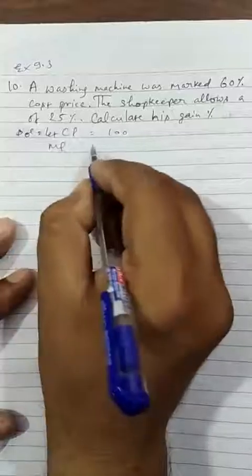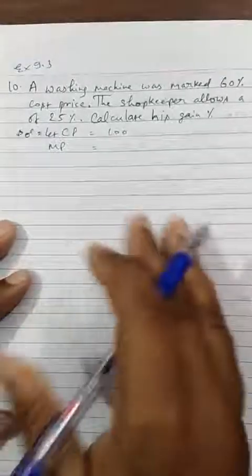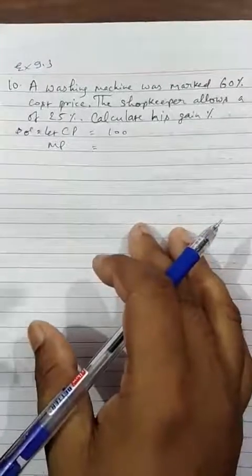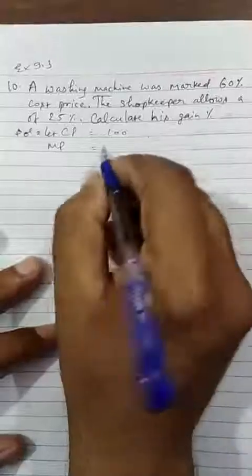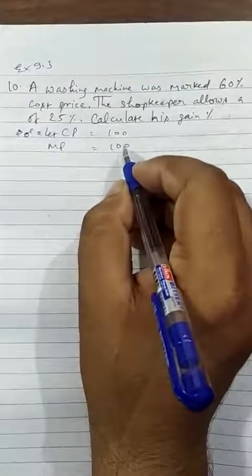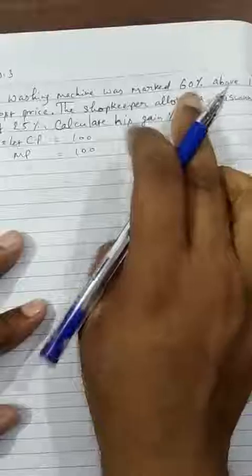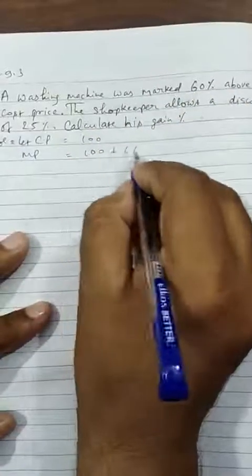And mark price, mark price is that pasted slip that you see above any product. So the cost of the product was actually 100 and we are pasting 60 more on this.